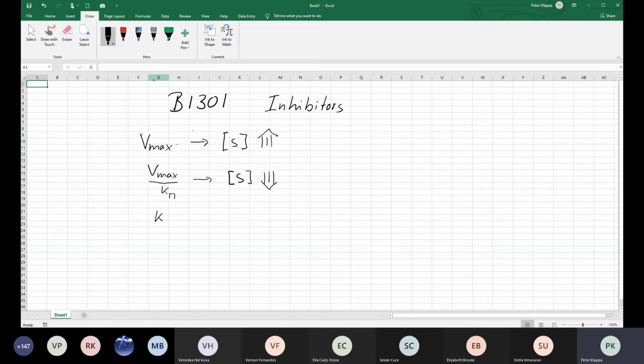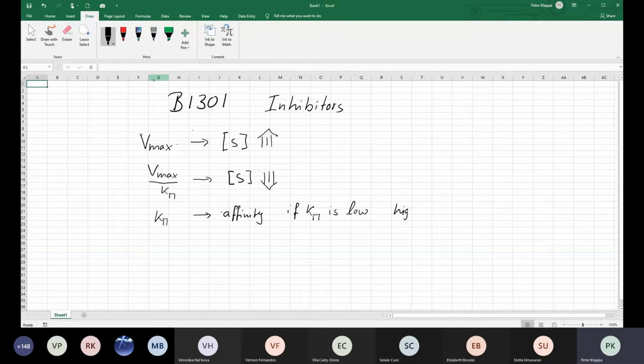And we have Km, and that tells us the affinity of the enzyme, how much the enzyme actually likes the substrate. So if Km is low, then we have a high affinity.